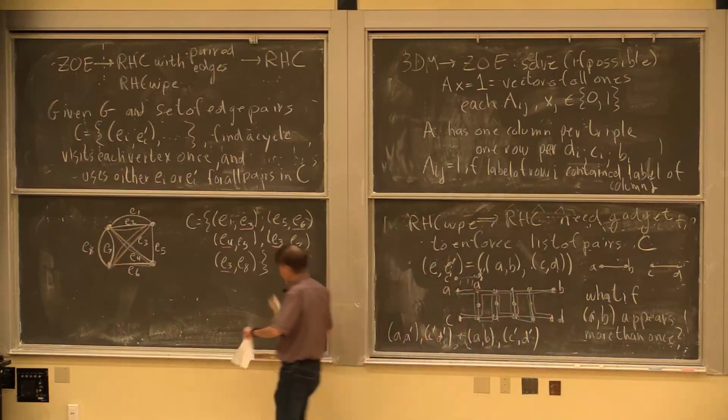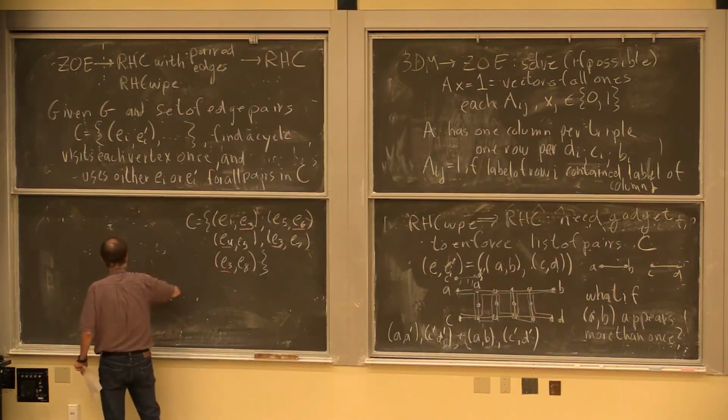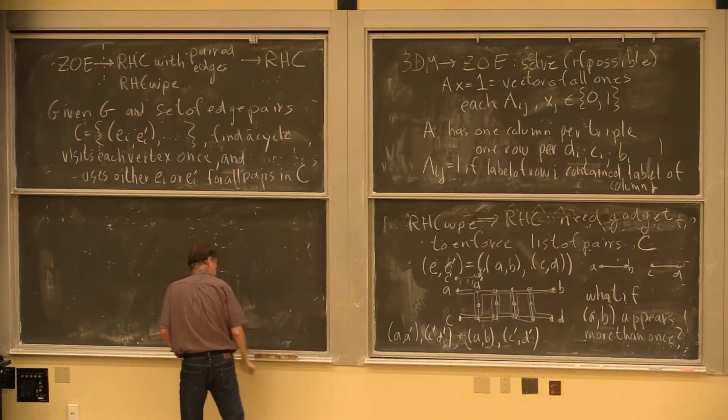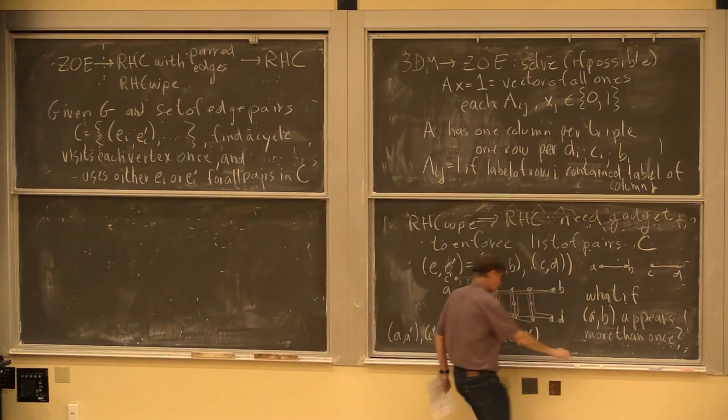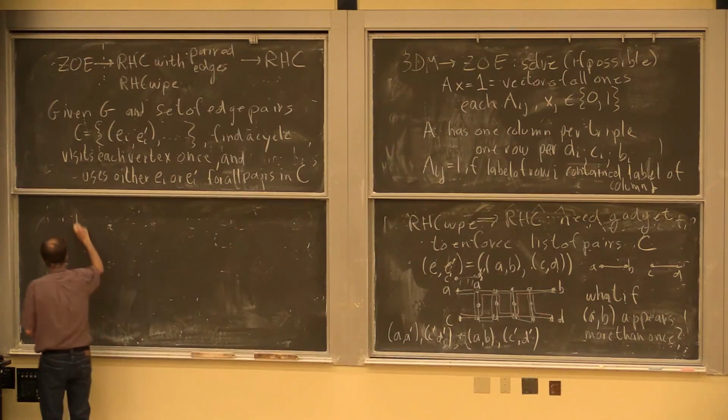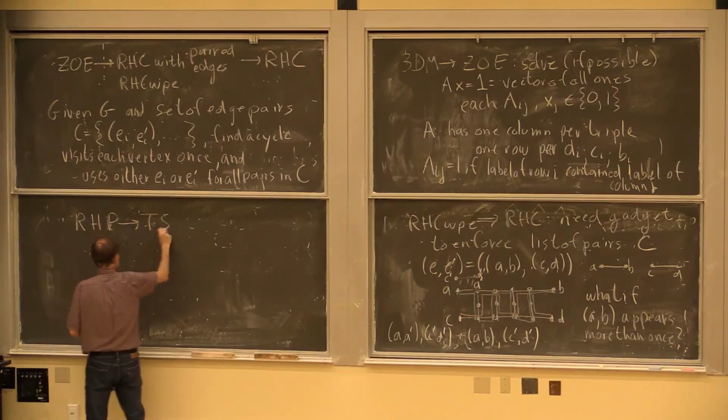Okay, so my very last example is going to be taking this problem, redraw the Hamiltonian path, and reducing that to the traveling salesperson problem.